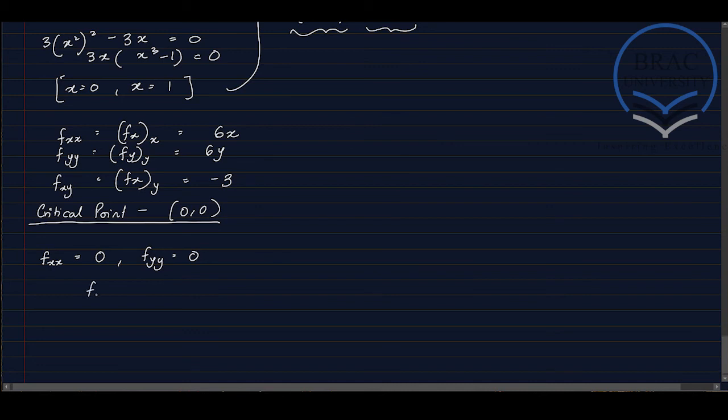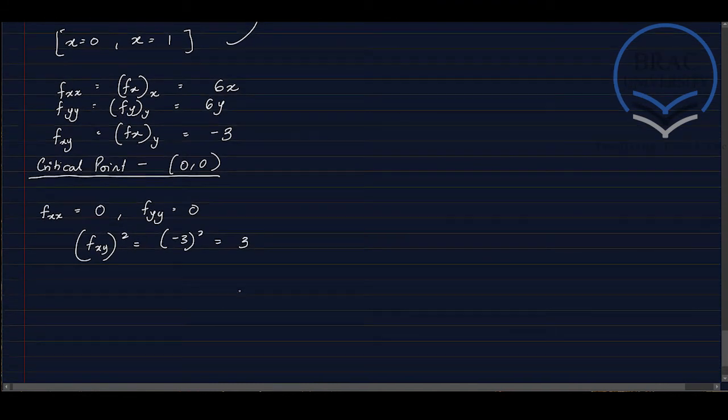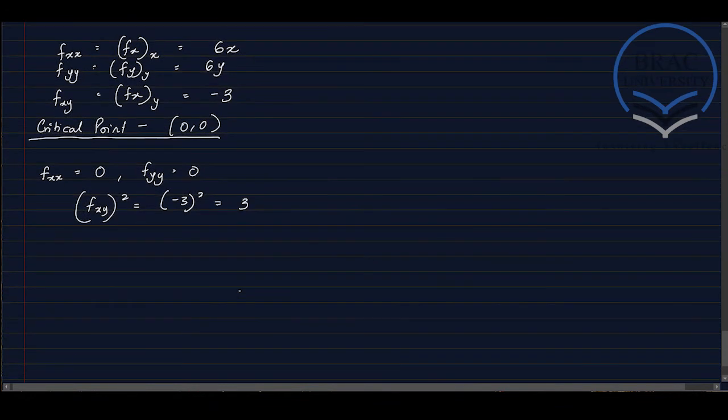And we see that fxy squared is (negative 3) squared, which is positive 9. So according to the conditions that I've listed above, you see that fxy squared is in fact greater than the multiplication of fxx and fyy. So since this is greater, we know that this will be our saddle point.